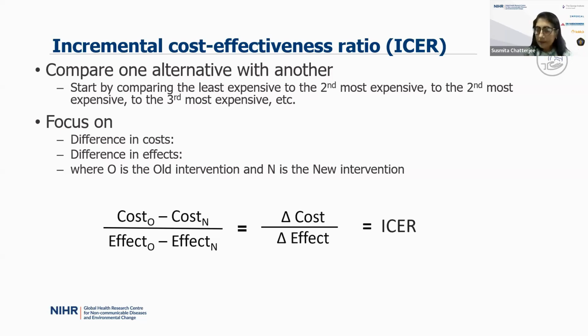Now, let's think about a situation where there are multiple interventions, not just two options that you are comparing. Say, for example, suppose you want to reduce the incidence of diarrheal diseases. What could the options be? You can think of better water quality.